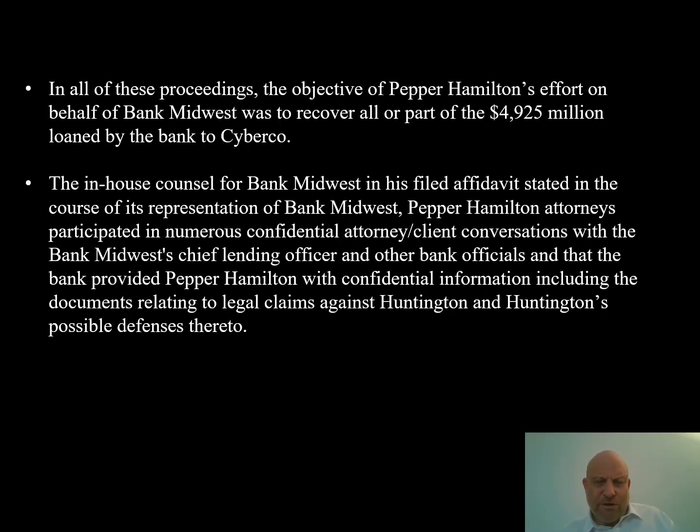What's critical here is that the in-house counsel for Midwest filed an affidavit in the course of this motion to disqualify, saying that confidential, and not surprising, confidential attorney-client conversations took place, that Pepper Hamilton had access to all the relevant documents, and that these documents and conversations discussed legal claims against Huntington and Huntington's possible defenses to the legal claims.